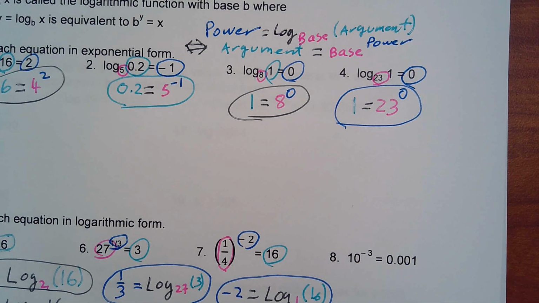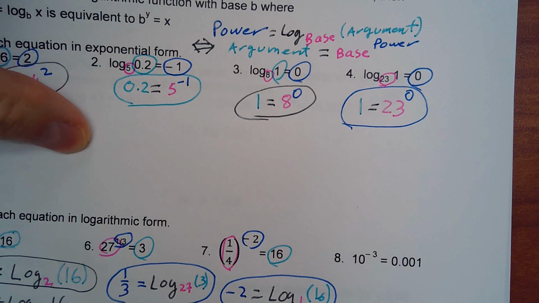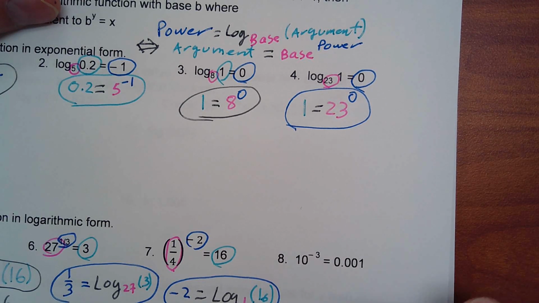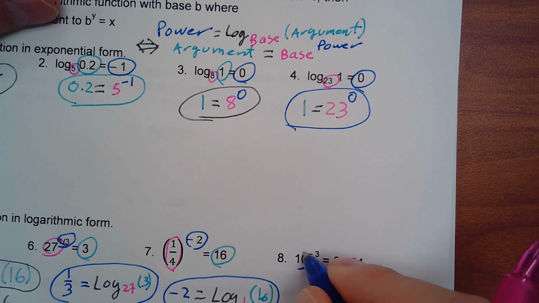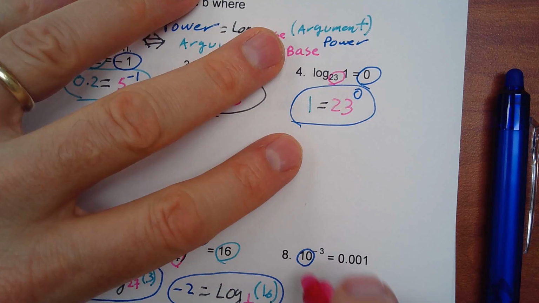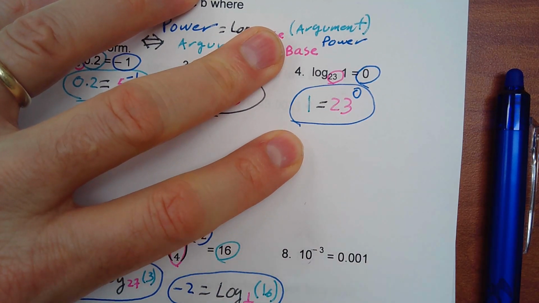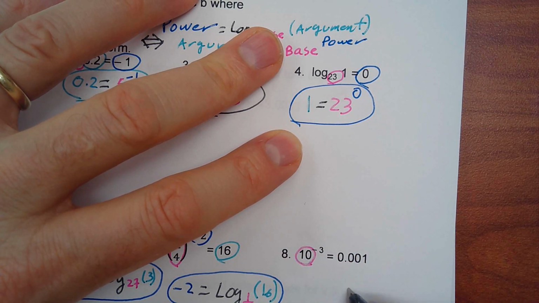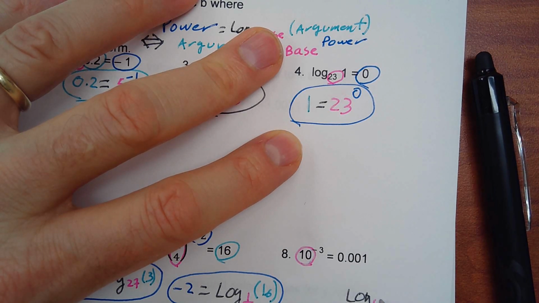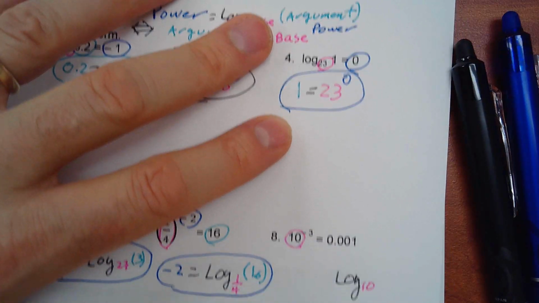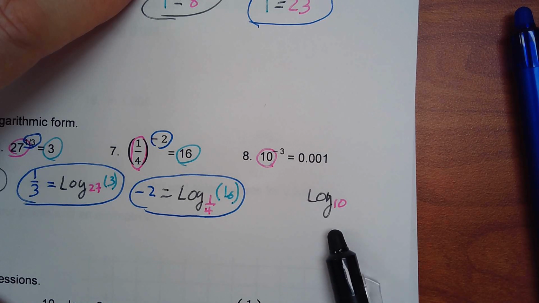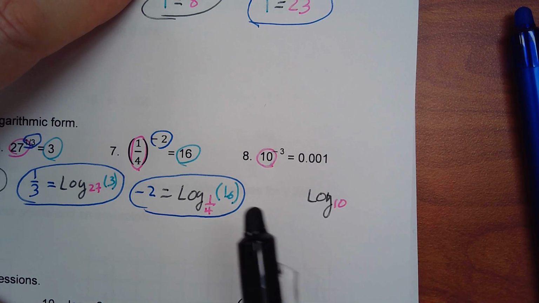Let's try number 8. So here my base is this 10, so this would be, oops, wrong color, my bad. Log base 10. And in a moment, we will see that this is known as the common log.